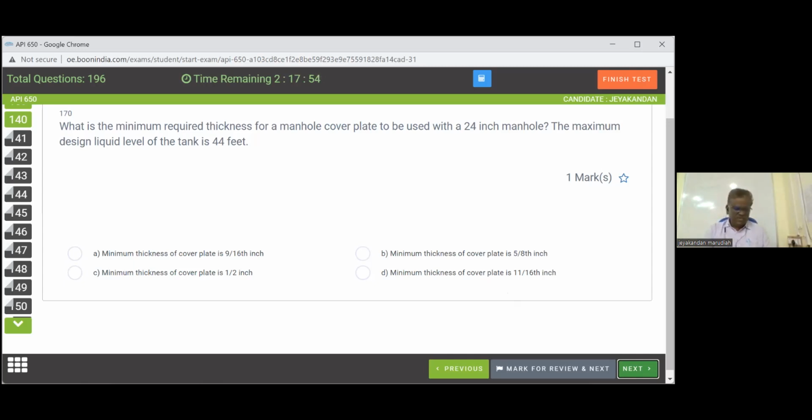The design liquid level is also given, and there is only one table which mentions design liquid level.